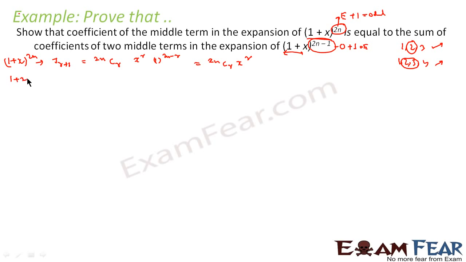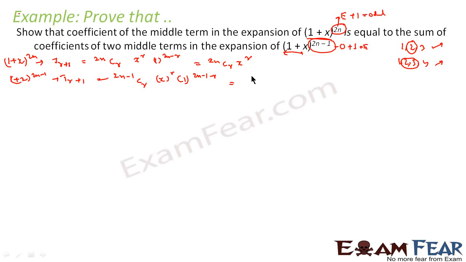For (1 plus x) to the power 2n minus 1, t r plus 1 is equal to 2n minus 1 C r x to the power r, and here also 1 to the power 2n minus 1 minus r becomes 1.